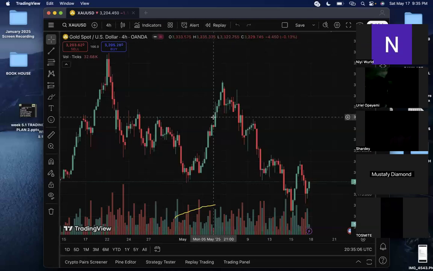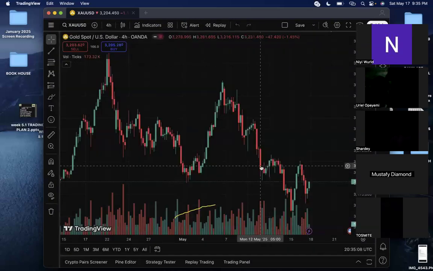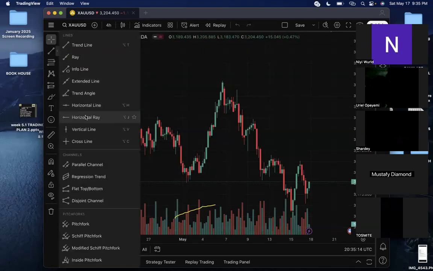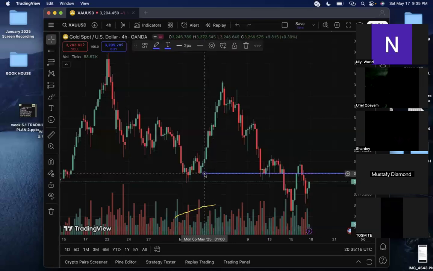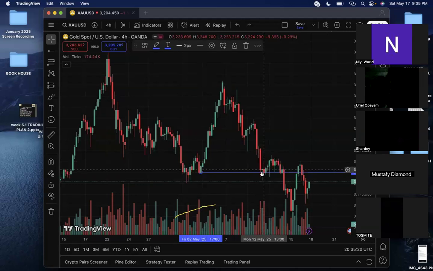Imagine you set your SL here, and you buy here just because you see this one is valid. Then you say you are going to take a risk here. Don't forget your entry is here. Then you put your SL here.